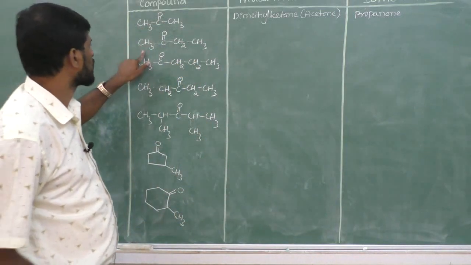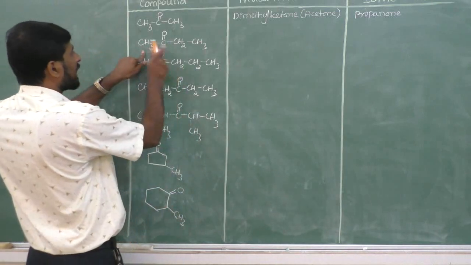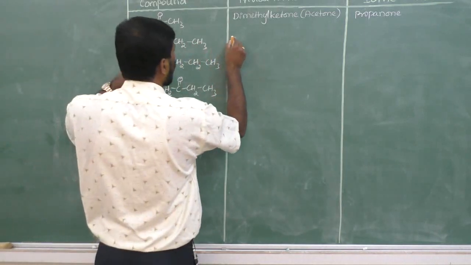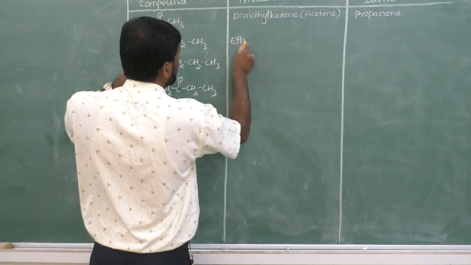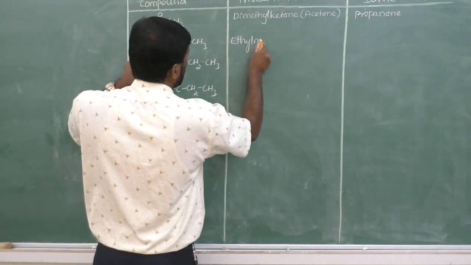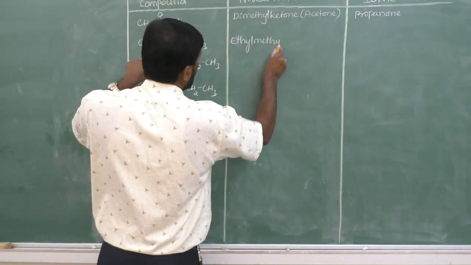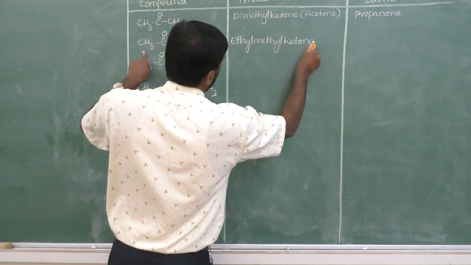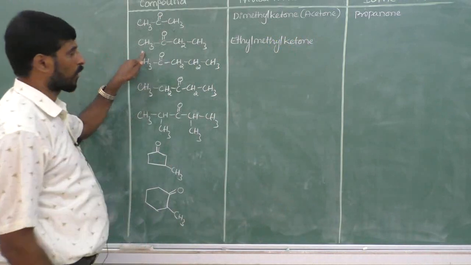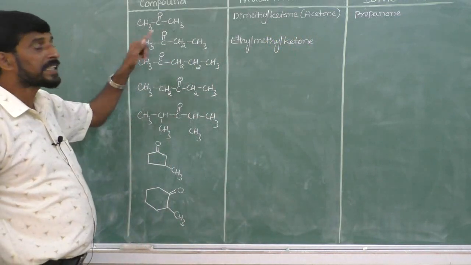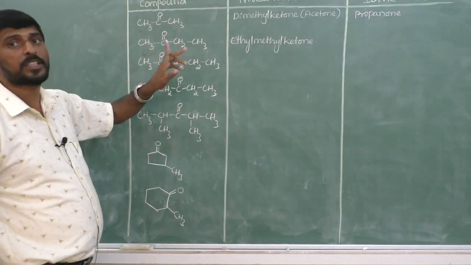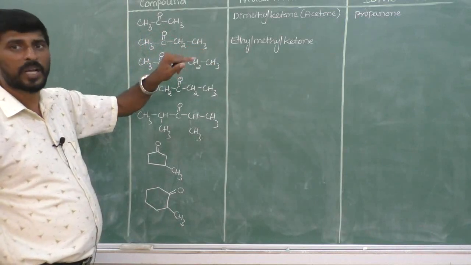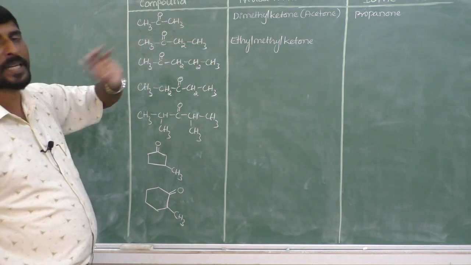Next, what about this? This is ethyl, this is methyl, therefore, it is ethyl methyl ketone. Why is it ethyl methyl ketone? Why not methyl ethyl ketone? Because you have to follow alphabetical order.